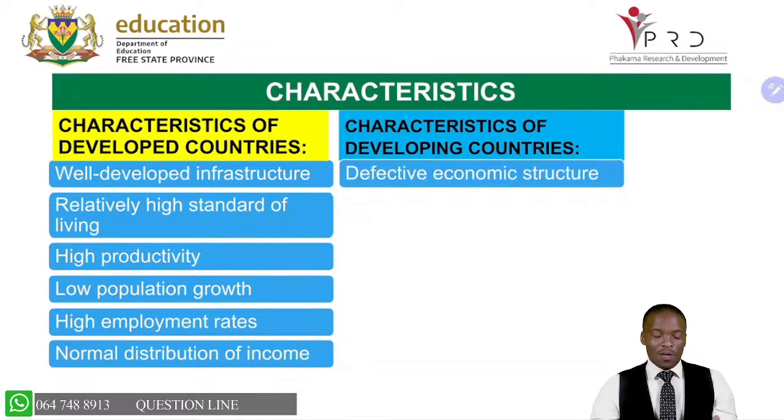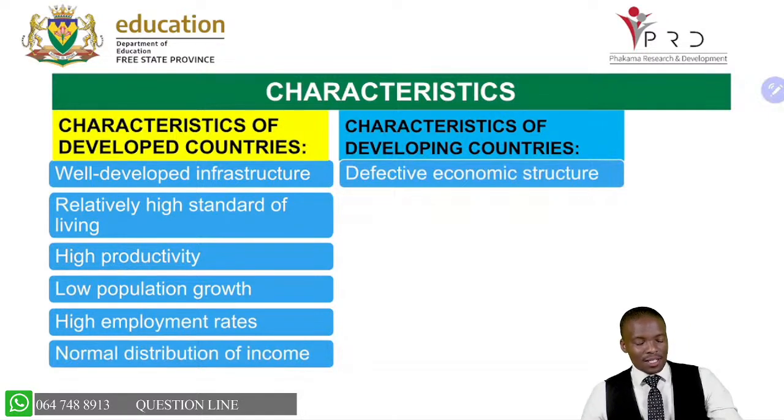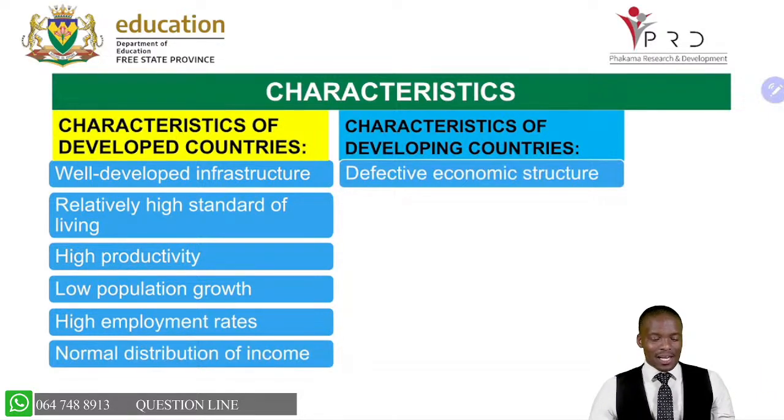So if you measure this, even if a country is in the south, as long as there is high development of infrastructure, high standard of living, and high productivity, that country will be classified as a developed country.